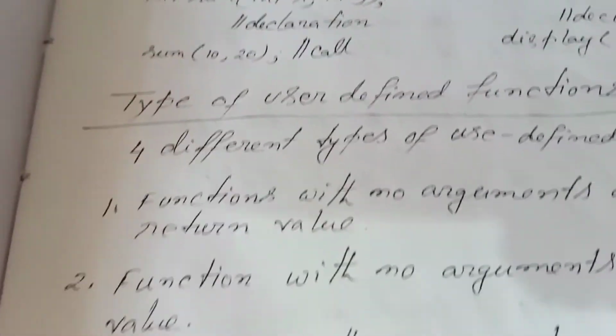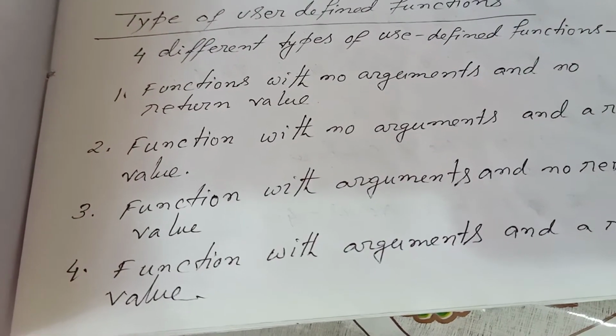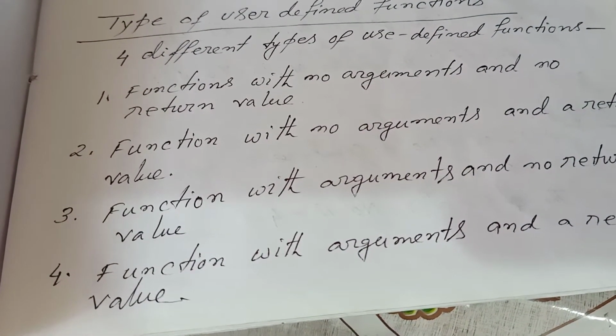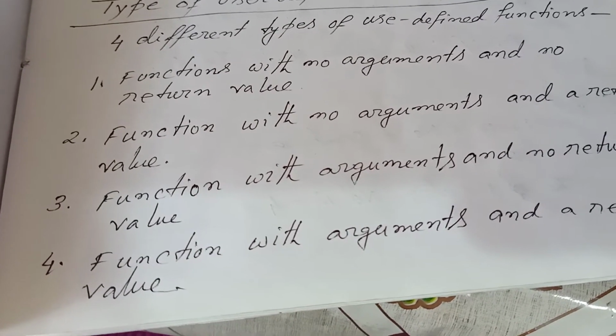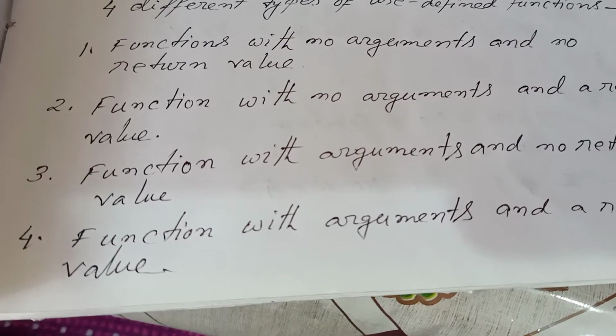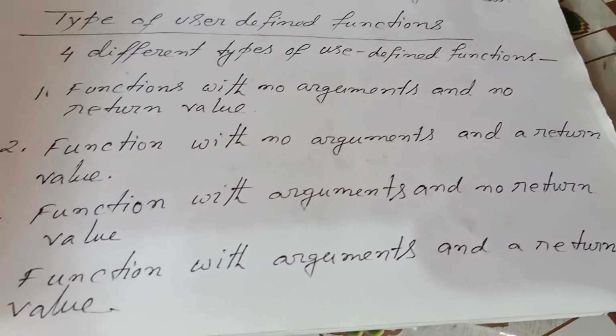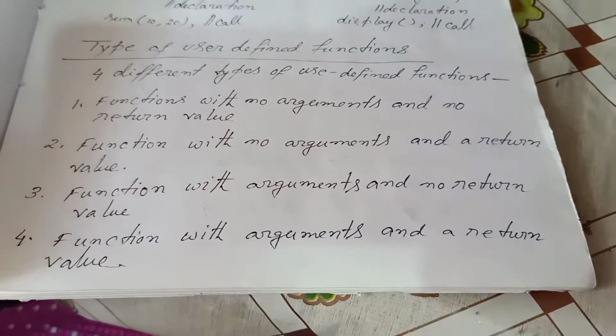So how many types of user-defined function are there? First type is function with no arguments and no return value. Second is function with no arguments and a return value. Third is function with arguments and no return value. And fourth is function with arguments and a return value.